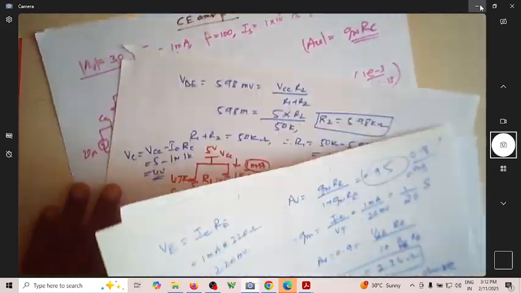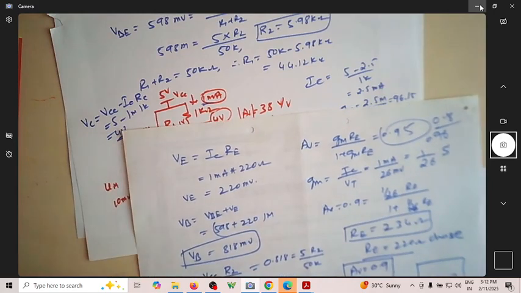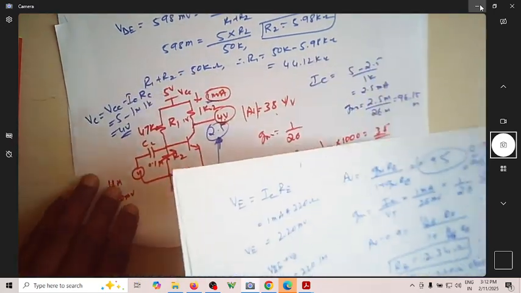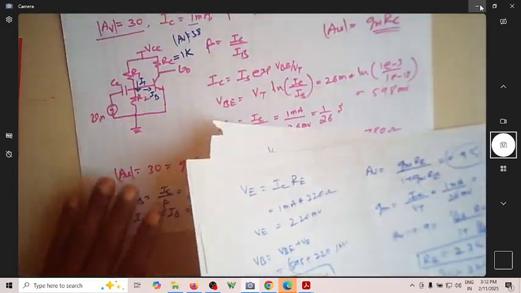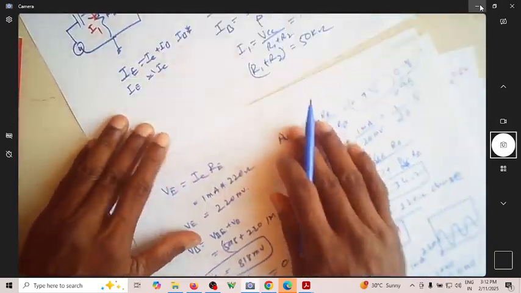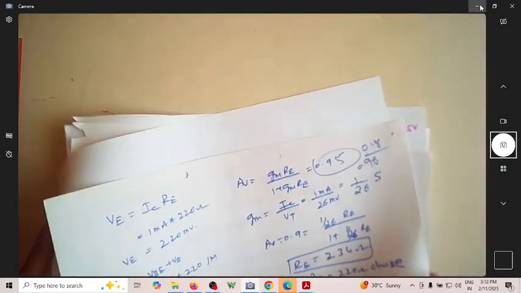So it's not necessary that the current should always be equal to 1 milliampere. It can be even less or more. That's how you can do the design as per the requirement.